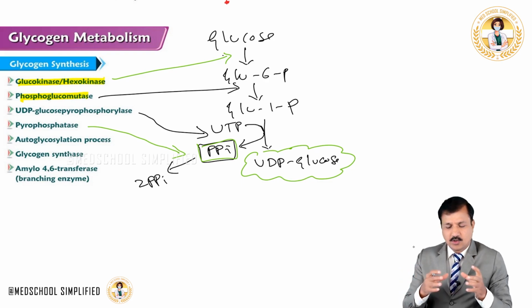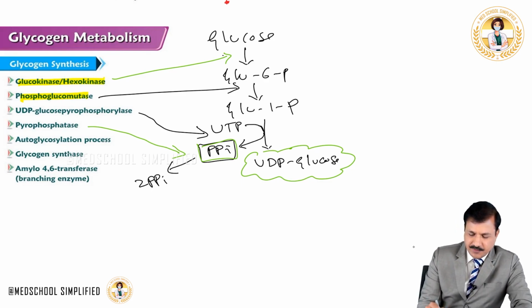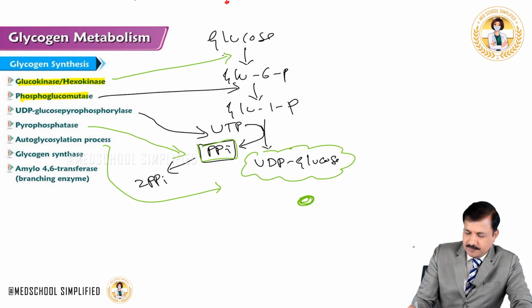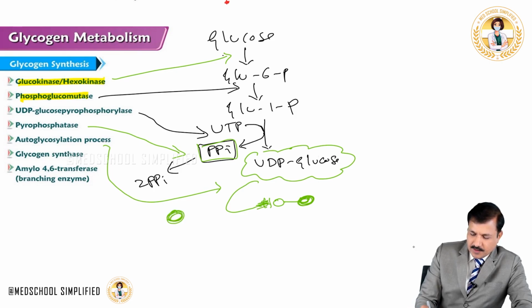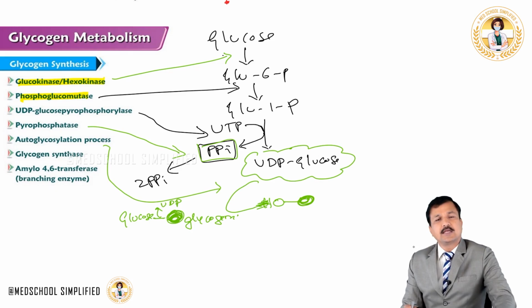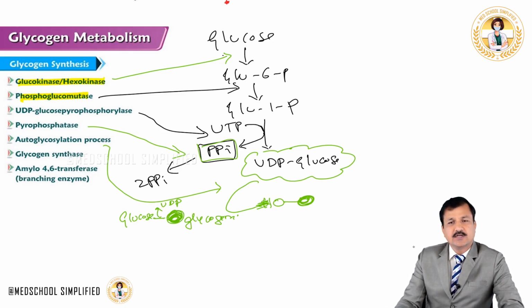Now UDP-glucose can go into glycogen formation, and initial glycogen formation is an autoglycosylation process, where glycogenin has the amino acid tyrosine with a hydroxyl group. UDP-glucose will be attached to this hydroxyl group, and that's how a glycogenin molecule is attached with glucose, and UDP will be released. This process does not need any enzyme-mediated action.